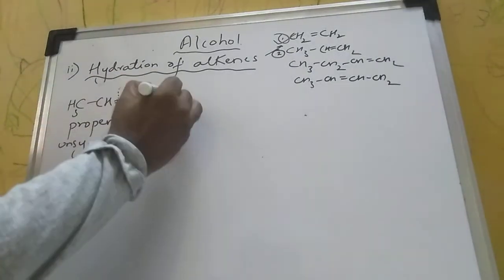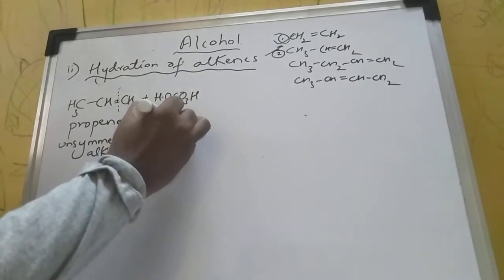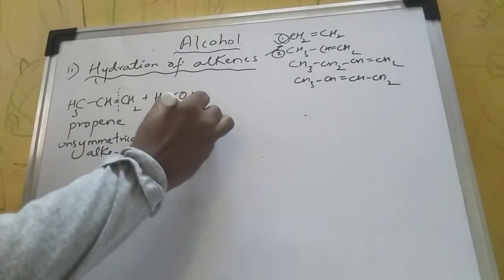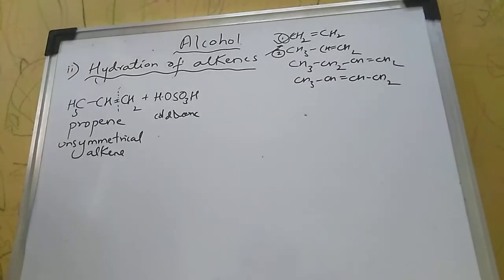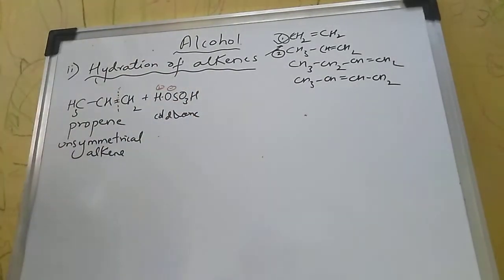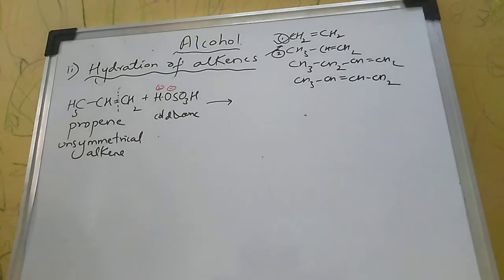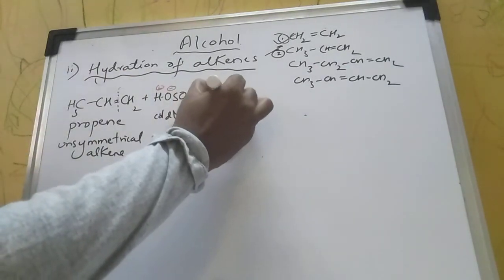So the propene gas, when it is passed in cold concentrated sulfuric acid, H plus and O negative. Now here it follows Markovnikov's rule.